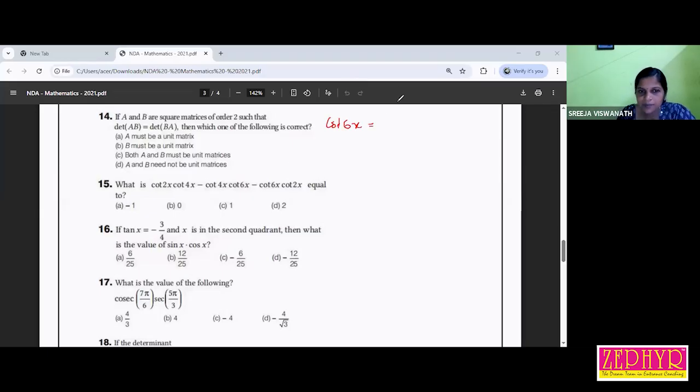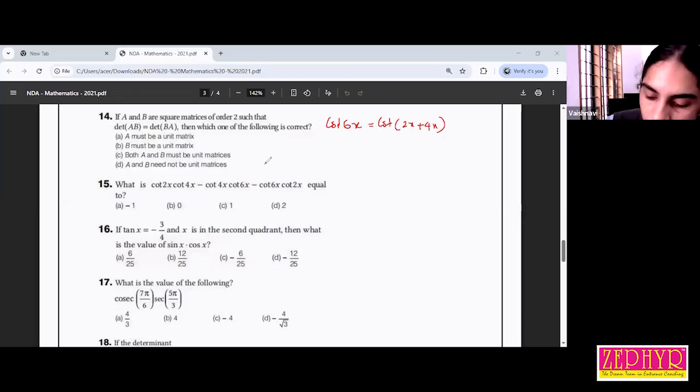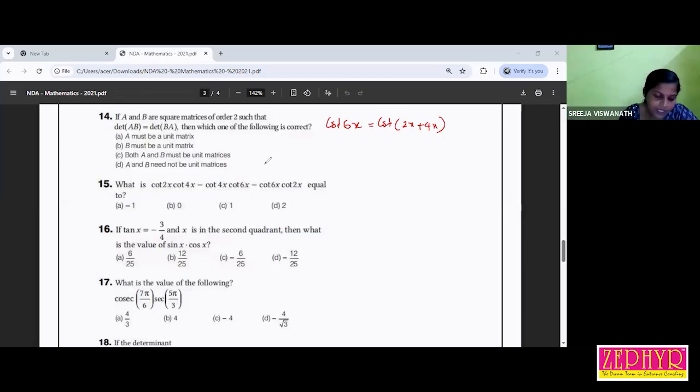Cot 6x, as Vaishnavi said, is cot of 2x plus 4x. What is cot of a plus b? It is cot b cot a minus 1 by cot a plus cot b.